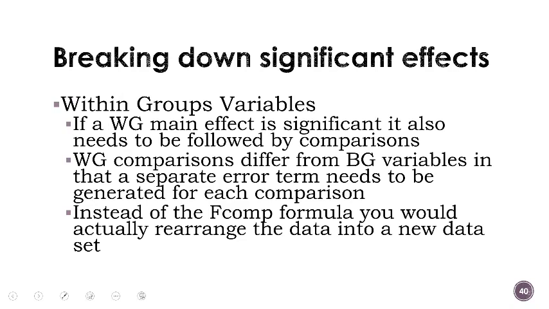So for repeated measures, if within groups the repeated measures variable is significant, you also need some kind of follow-up to compare the levels. But the within groups comparison is different from between groups variables in that you have to have a separate error term each time you rearrange the data. So that would mean you can't just plug it into an F-comp equation.